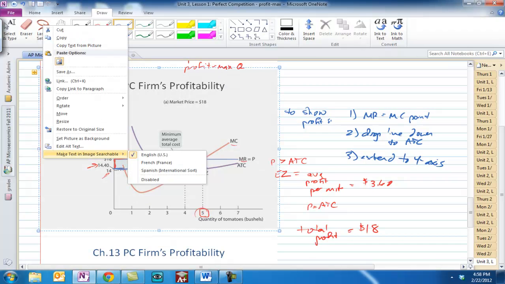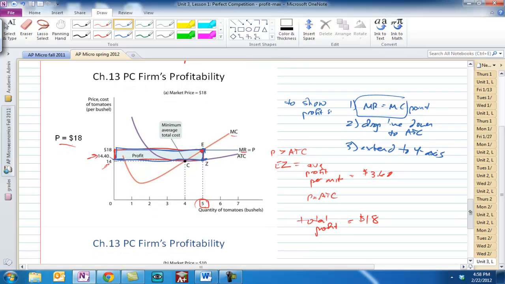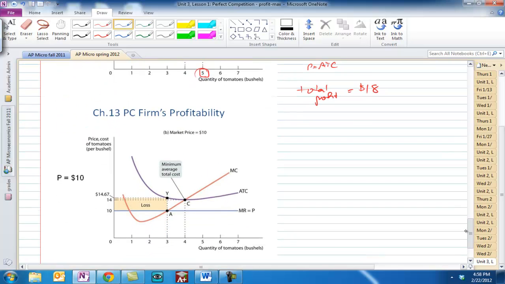And then that marks out your area of profit. The key thing is starting at the right place, starting at this MR equals MC point as the upper right corner of your profit box.